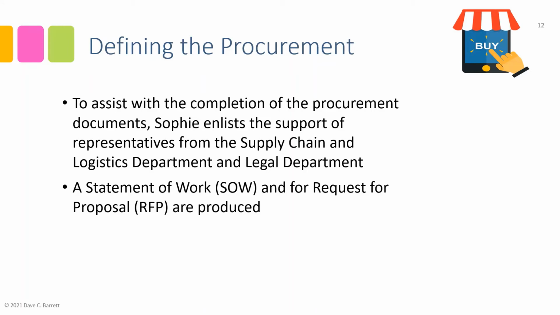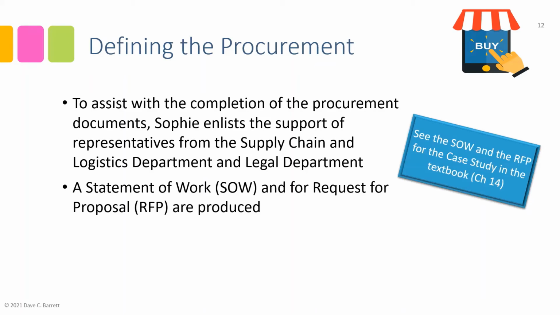Now, much of it is from work that would be done in the planning phase: the requirements definition, the creation of the work breakdown structure, the project scope statement, and so on can all be used as references and input into these documents. So you can see examples of a sample statement of work and RFP for the case study in the textbook, chapter 14.